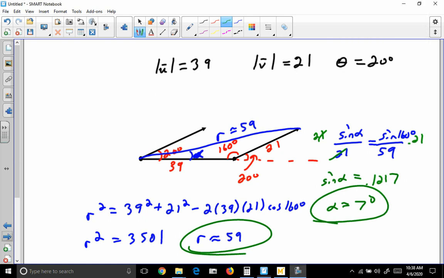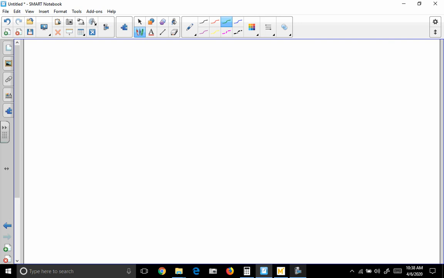So let's do one more. Let's do a word problem where they tell us that an airplane with an airspeed, and they give us the airspeed, 150 kilometers per hour.